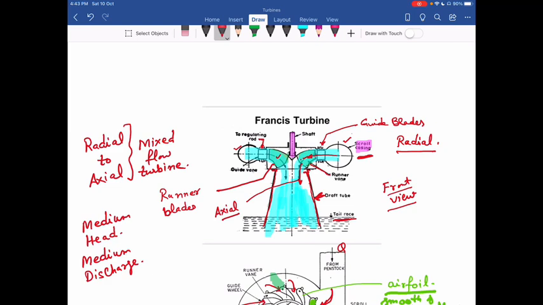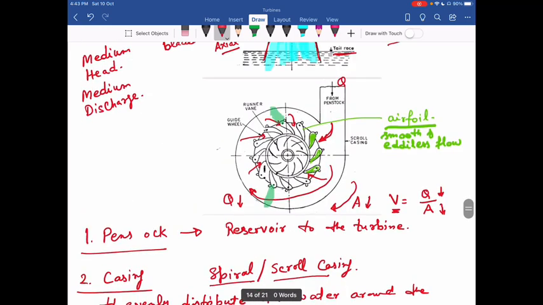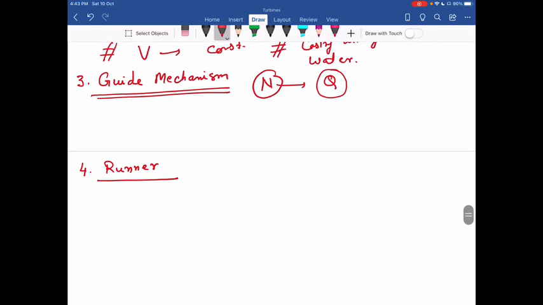This is connected to the shaft. Okay. And further that shaft connects to the generator. So in this case, the turbine shaft is vertical, and the material for this runner is forged steel.